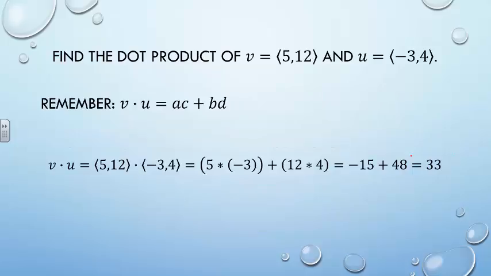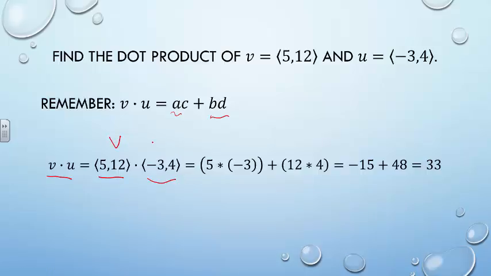Let's do an example. Find the dot product of vector v equal to 5, 12 and u equal to -3, 4. Remembering, the dot product of v and u is the product of those horizontal x positions and the vertical y positions. So here we write this out step by step. v dot u equal to 5, 12 dot -3, 4.